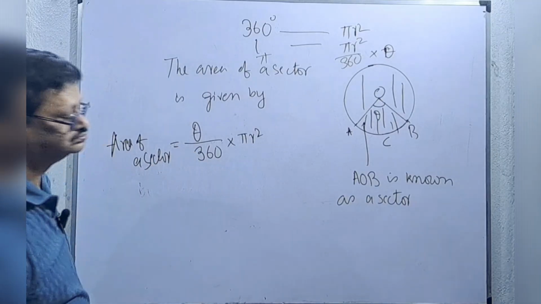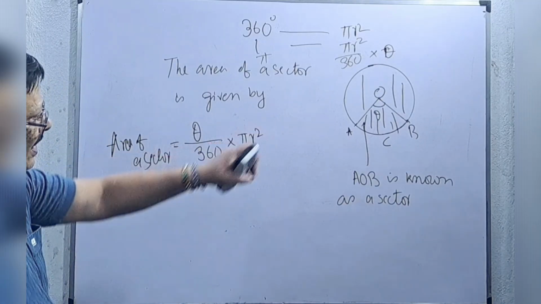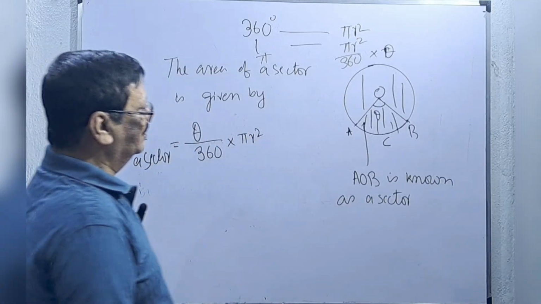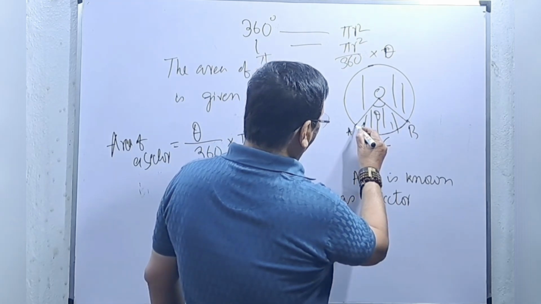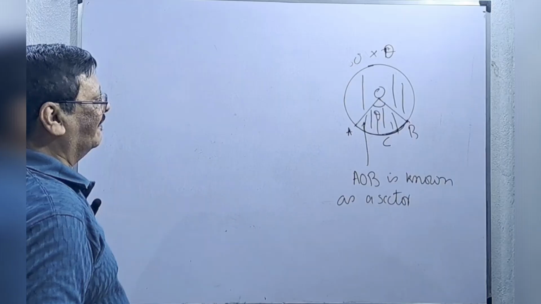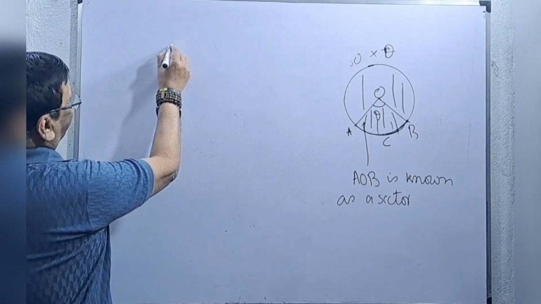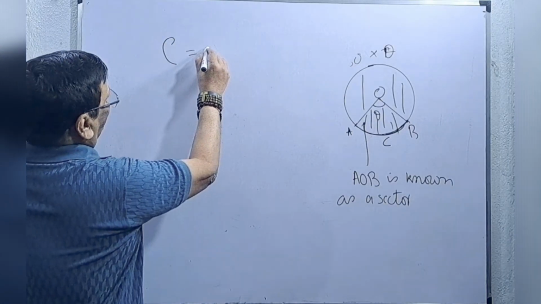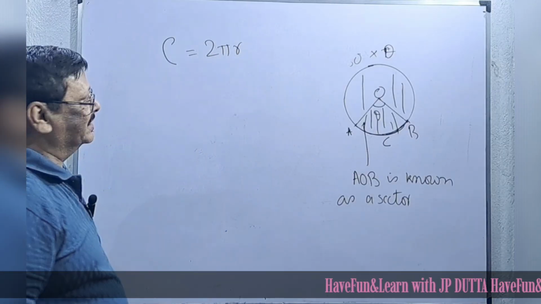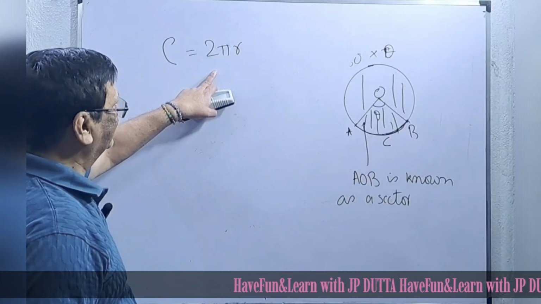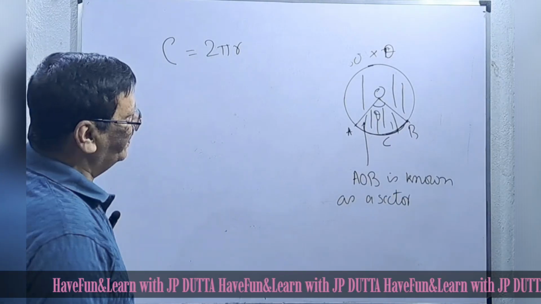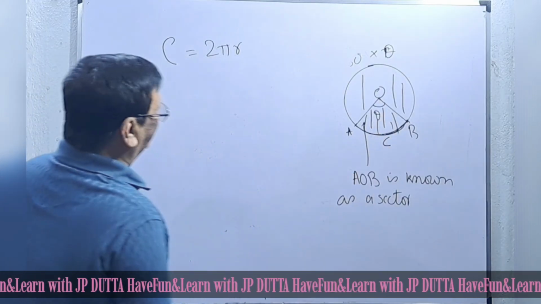is equal to that, okay? Now similarly, with the help of the angle subtended at the center, we can find out the arc length, right? We know that the circumference of a circle C is equal to twice pi r, right? So that means an angle of 360 degree describes a path of 2 pi r, right? So how do I get ACB?